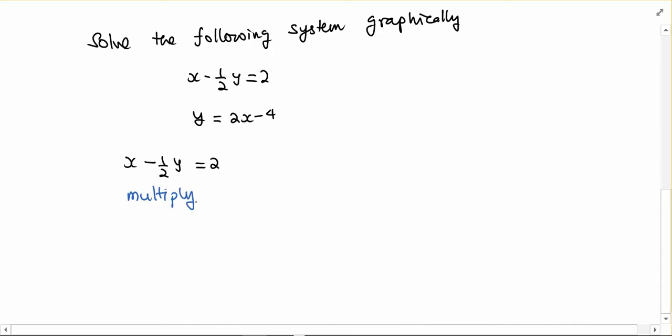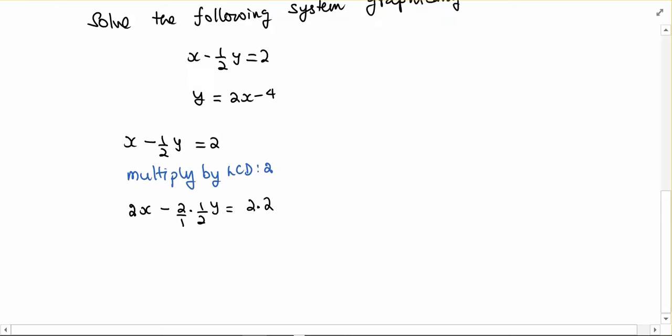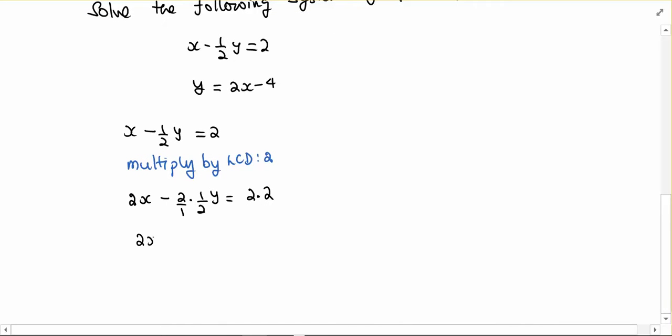Multiply by the LCD. In this case, it's 2. So 2 times x minus 2 times 1 over 2. That's 2 over 1. Equals 2 times 2. So we have 2x, these cancel, minus y equals 4.